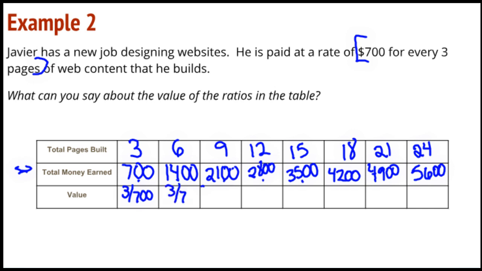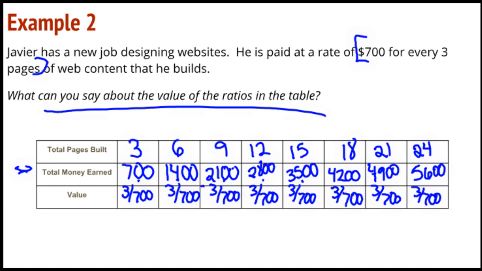But when you're done, you should find that every single ratio has a value of 3 to 700, or 3 700ths. So what can I say about the value of the ratios in the table? They are equivalent. All of the ratios in the table are equivalent. They have the same value.